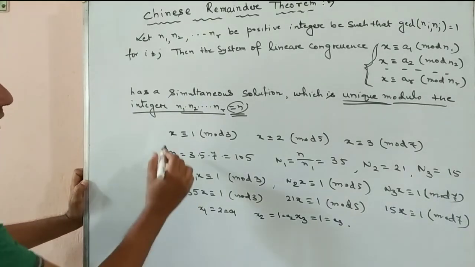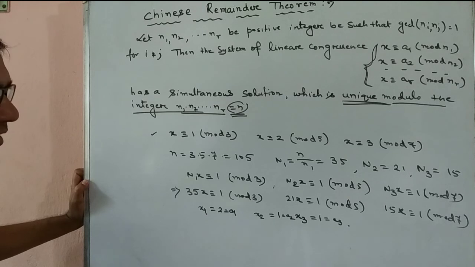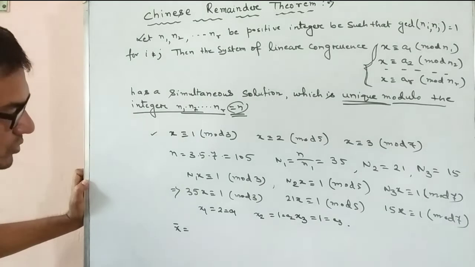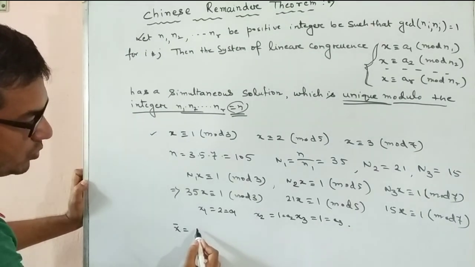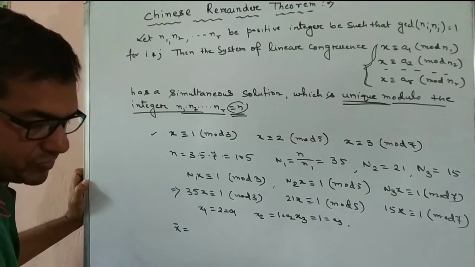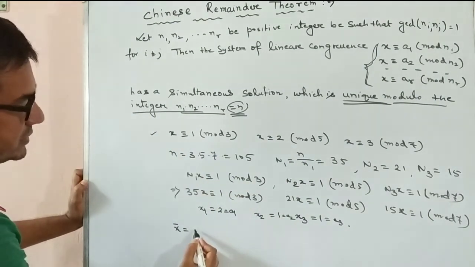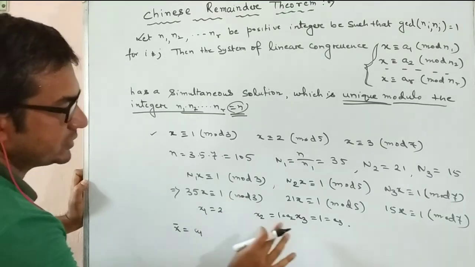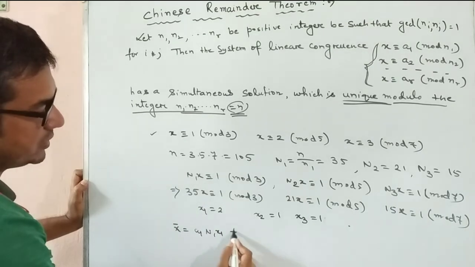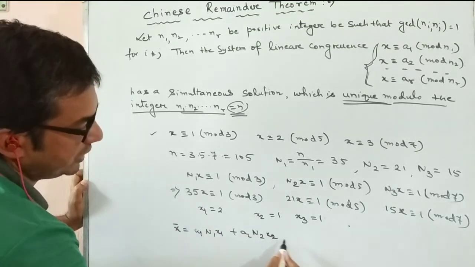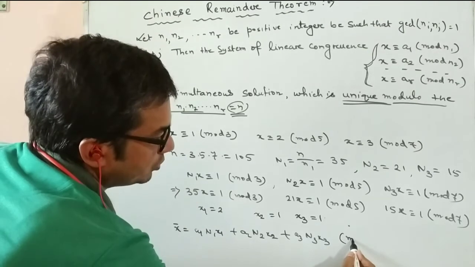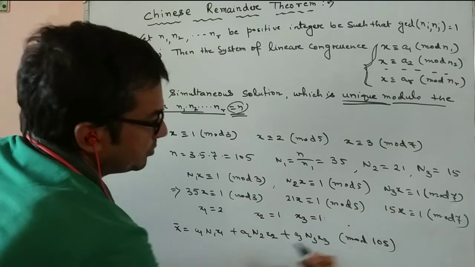So the solution of the given system can be written as x bar equal to a_1 N_1 x_1 plus a_2 N_2 x_2 plus a_3 N_3 x_3 modulo 105.